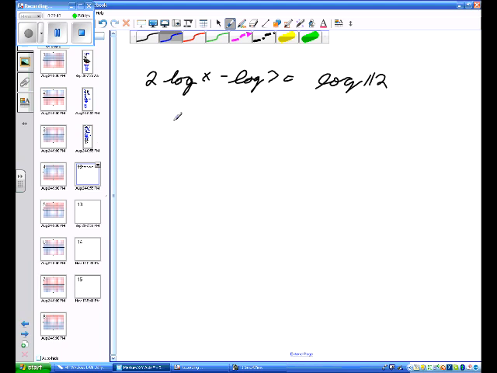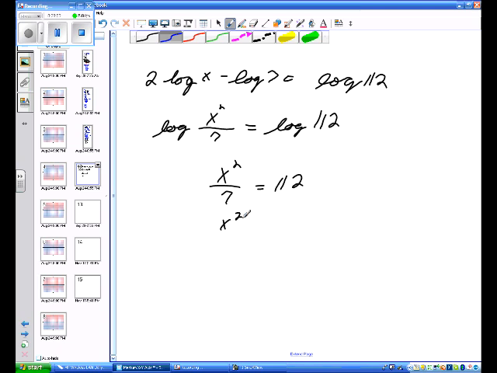Well, let's write this back as a single log. So this would be the log of x squared divided by 7 equals the log of 1/12. 2 logs are equal, so the numbers are equal. So x squared over 7 has to be 1/12.